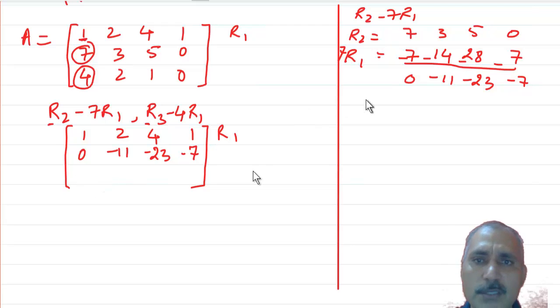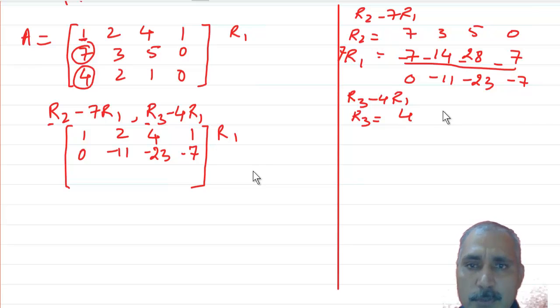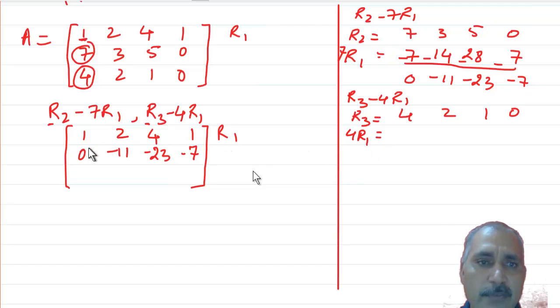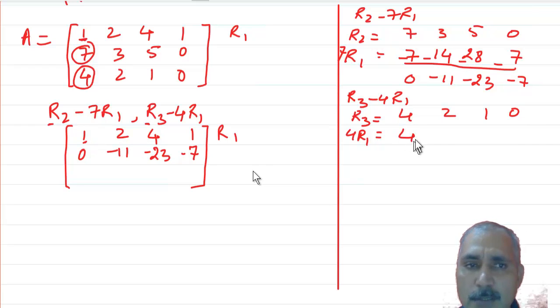Now for this one, we are doing the operation R3 minus 4 times R1. R3 elements are 4, 2, 1, 0. For 4 times R1, we will multiply the R1 elements by 4, so 1 into 4 is going to be 4, 2 into 4 is going to be 8, 4 into 4 is 16, and 1 into 4 is 4.